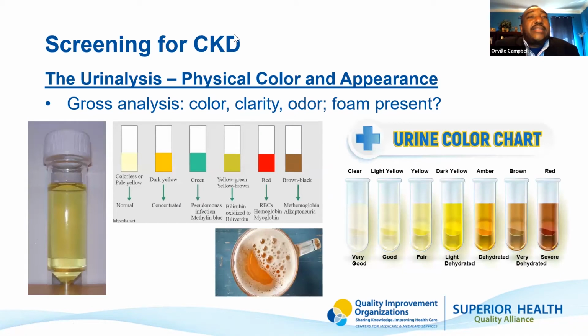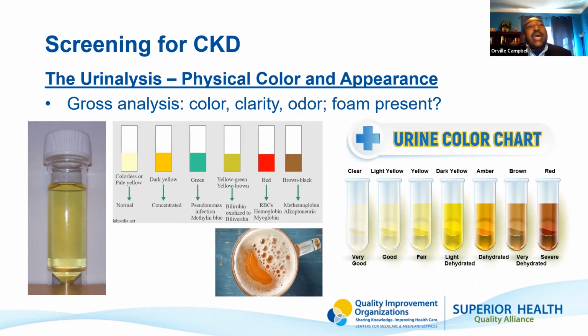All right, let's talk about what we do to screen patients. At Emory, we used to say the gold is in the urine. That's where the money is, really. It can tell you so many different things. The first thing we need to do is look at the physical color and the appearance of the urine.